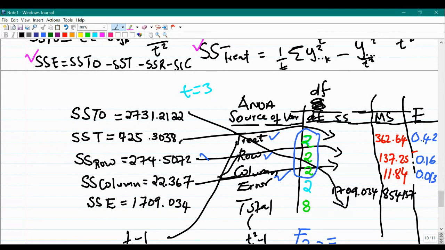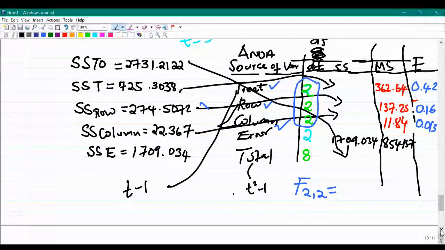And when you test, I hope you can see that nothing is significant, right? When you check the tabulated value of 2 and 2, you will find the value being 19.